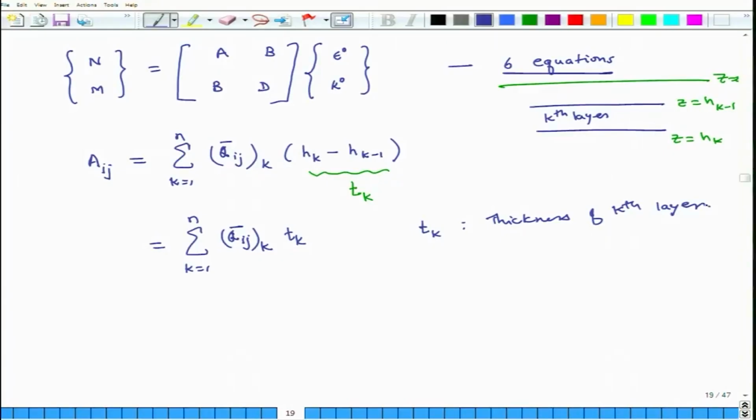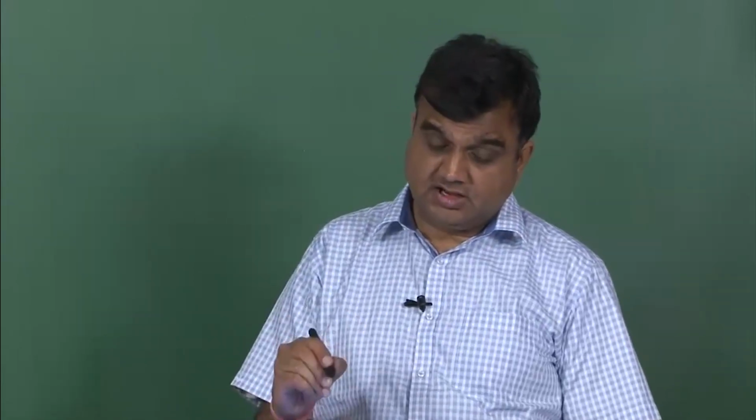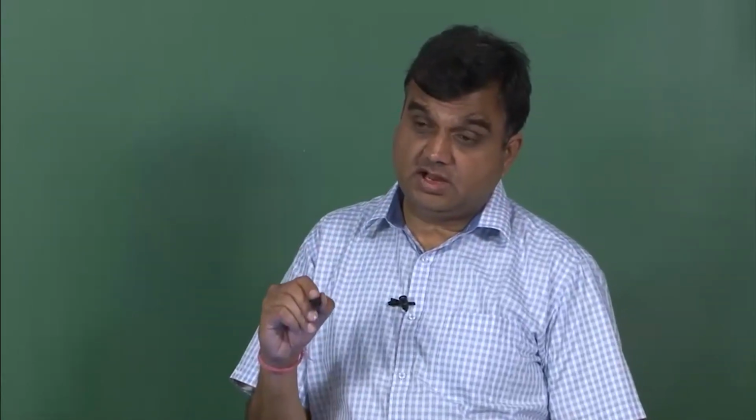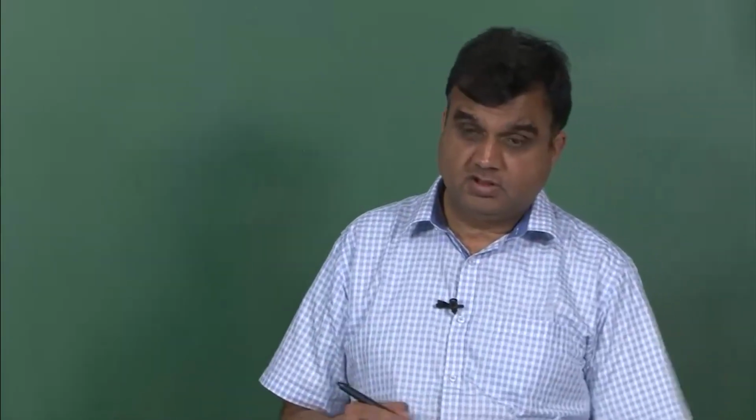The point is that if Qij is positive, and typically Q11, Q22, Q66 are always positive numbers, then in that case A11, A22, A66 will always be positive. Same thing is also true for Q12.